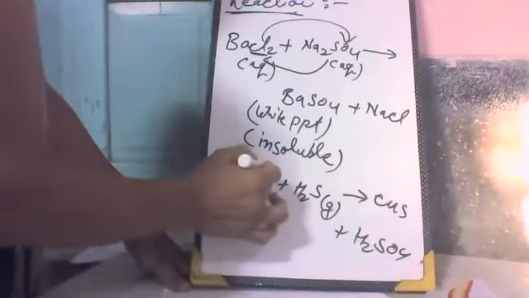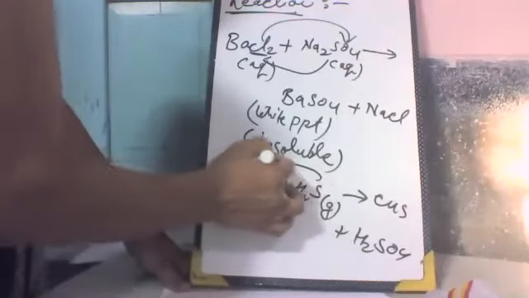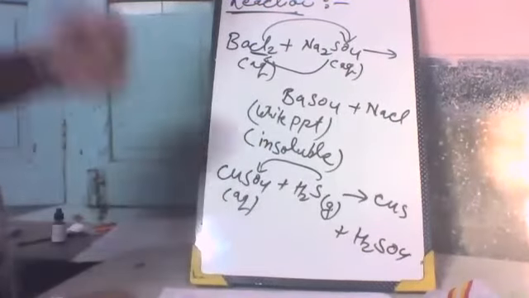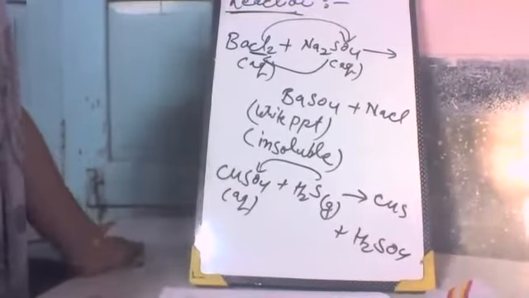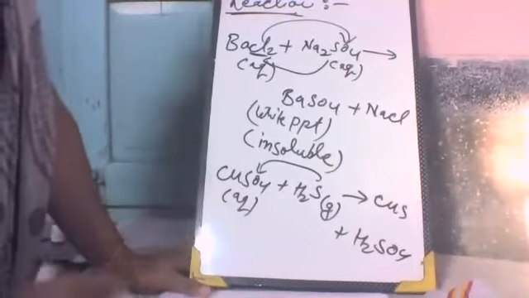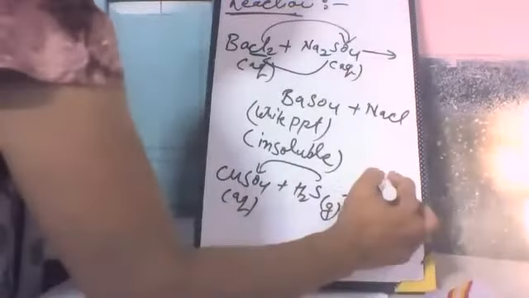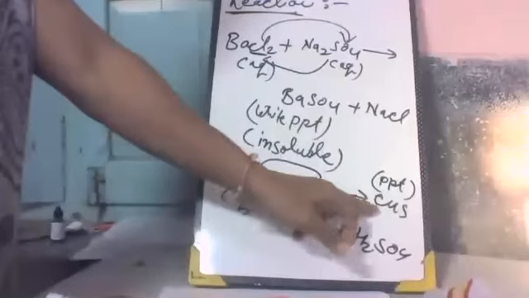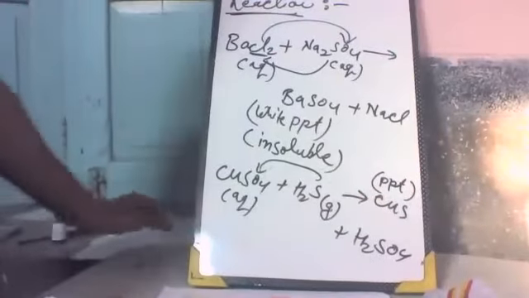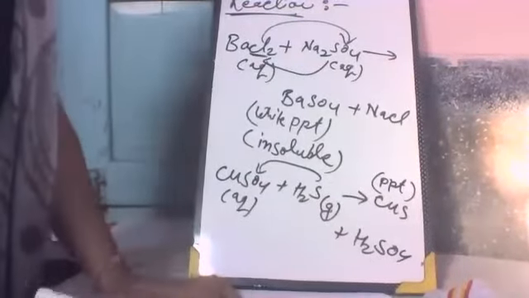Sulfide takes the place of sulfate and forms a new substance, copper sulfide, in the form of a precipitate, which is black in color.